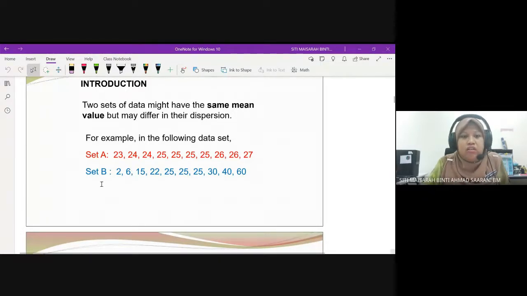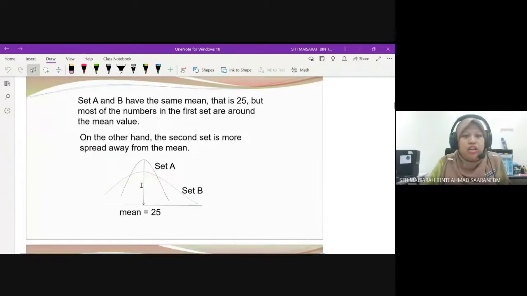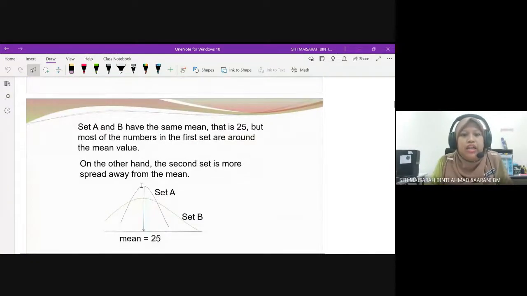So kalau kita tengok, if we see the set B here, we have the data is far from the mean. Okay, so means that the second set, the set B, is more spread away from the mean. So this is the comparison between set A and set B.